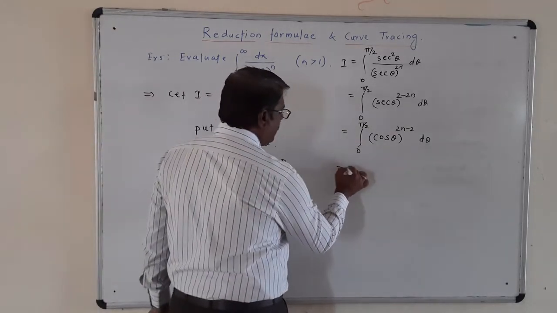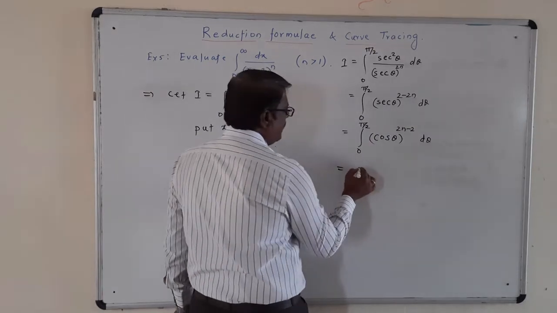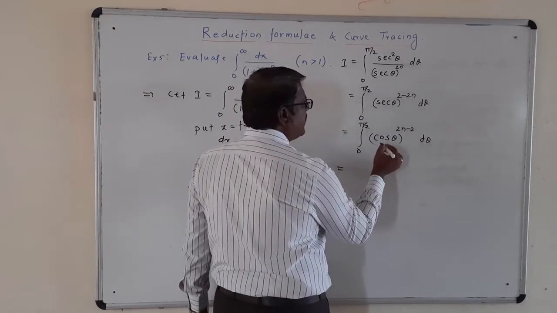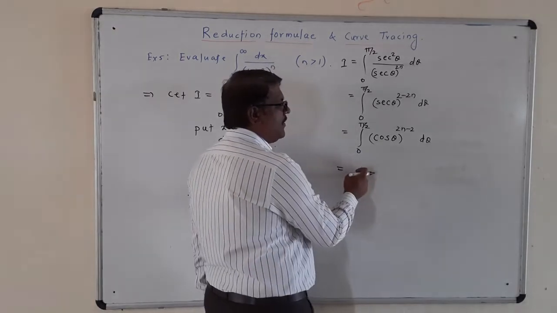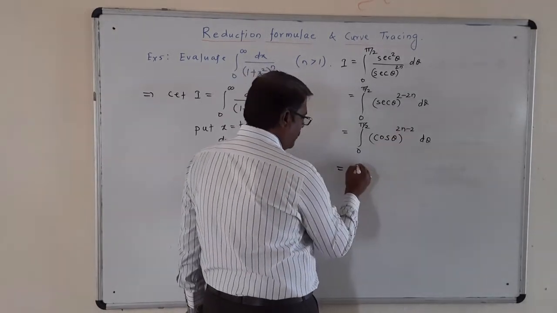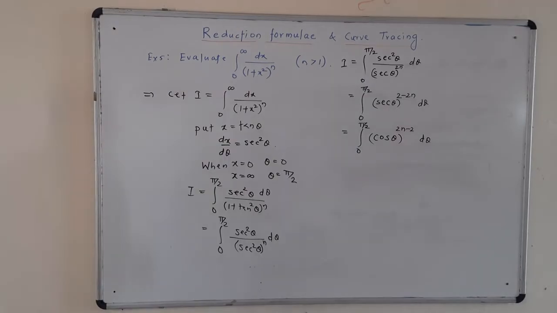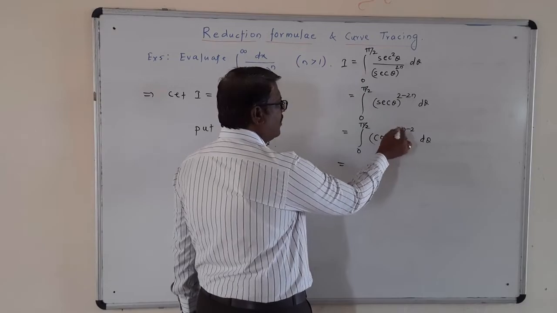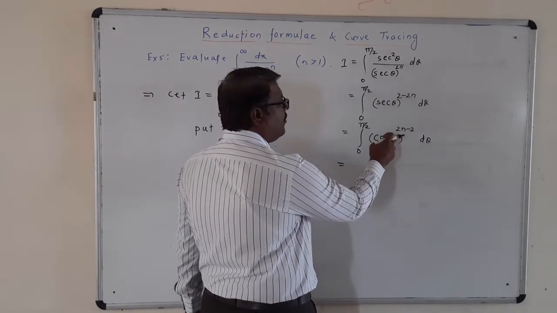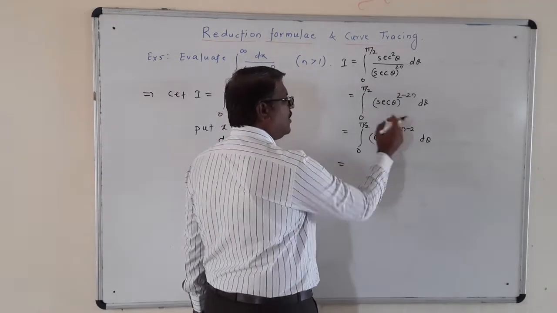So I is equal to, now the formula is n minus 1, n minus 3 dot dot dot, but here instead of n it is 2n minus 2. So if we simplify this integration by using the Wallis formula, here the value of n is replaced by 2n minus 2.